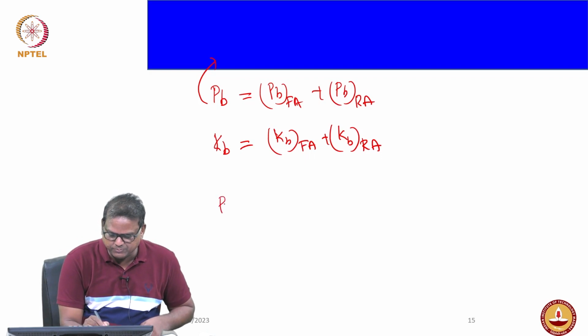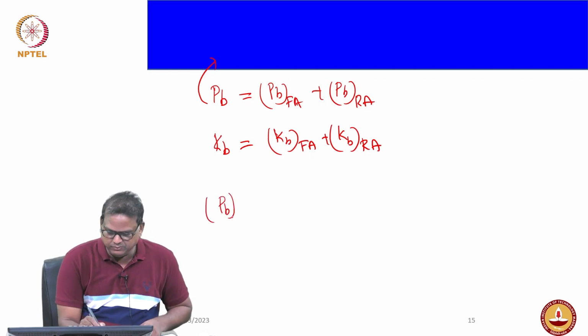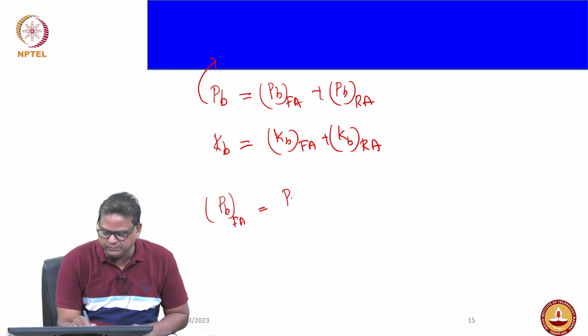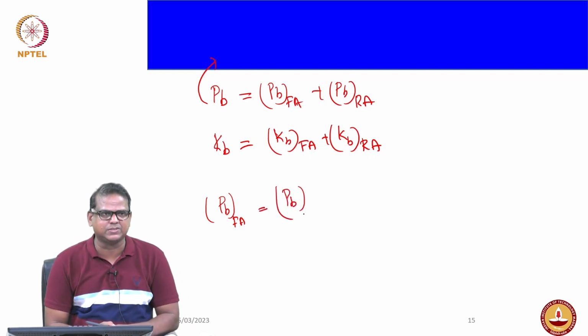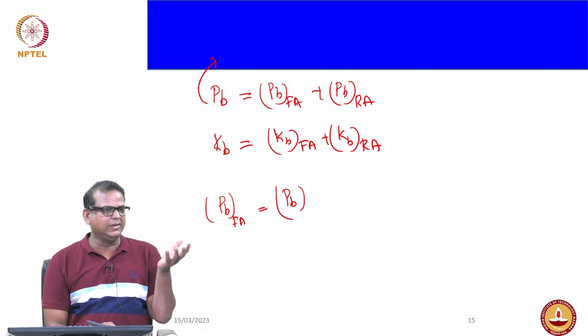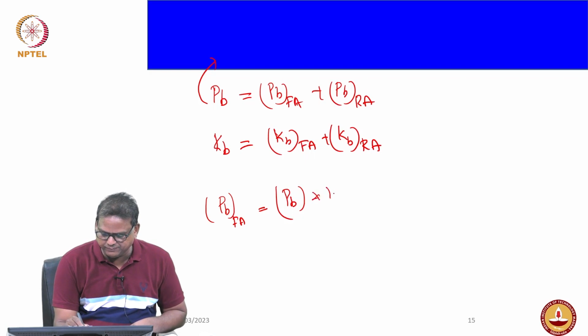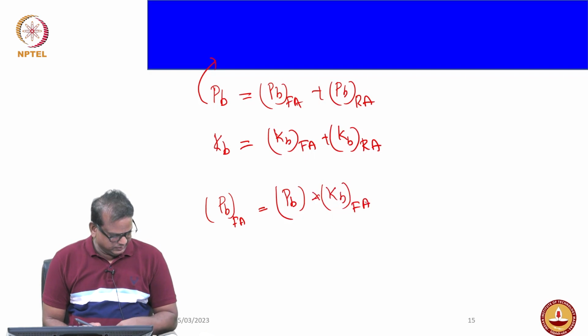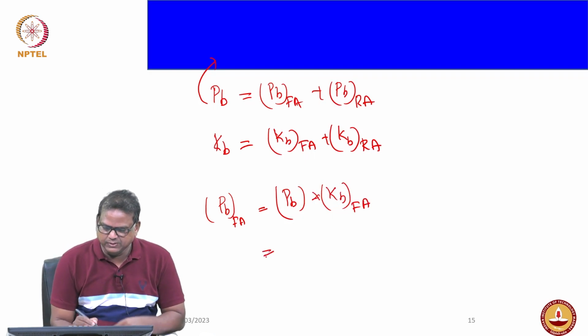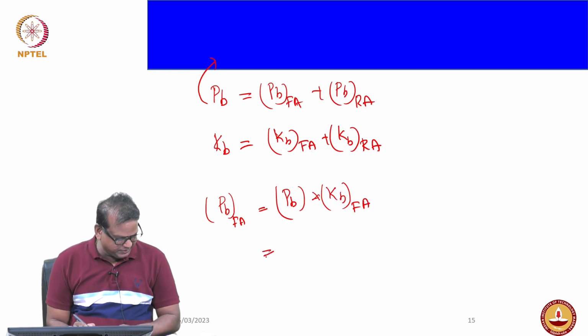So the braking force PB to the front axle alone, if I want to know that, this is my total braking force. What proportion you are getting to the front, that is KB for your front axle. So already we know PB. What is the PB now?